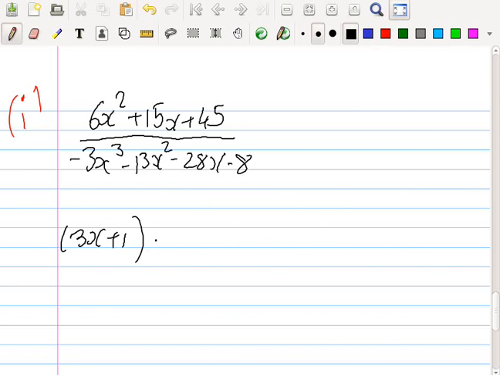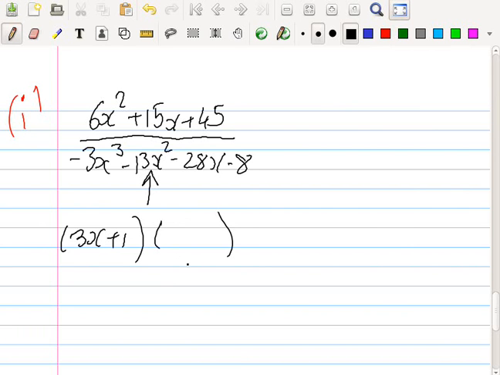Of course, there has to be something else here that multiplies this to make that. What type of thing goes here so that when multiplied by 3x plus 1 it makes that there? Linear, quadratic, or cubic? A quadratic goes here, yeah.